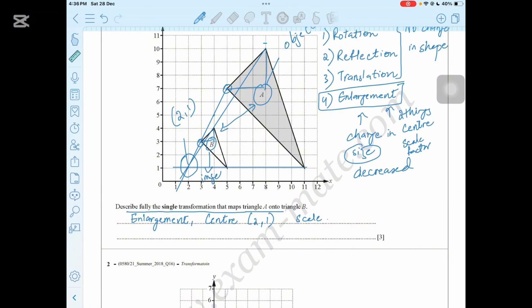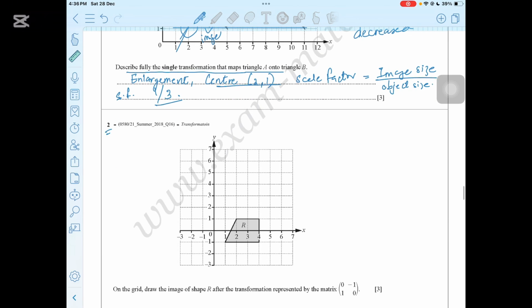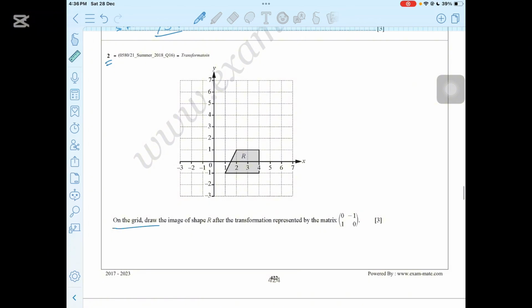The scale factor is given by a formula: image size over object size. We have image size as 1 and object size as 3. So this is an enlargement with center 2,1 and scale factor 1/3.